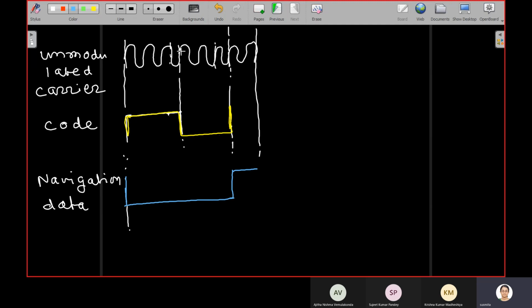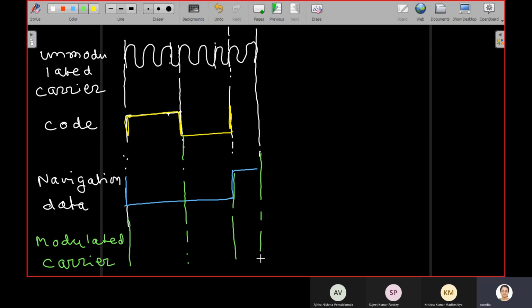Now, next we want to draw the modulated carrier. So we'll draw only for up to this point.